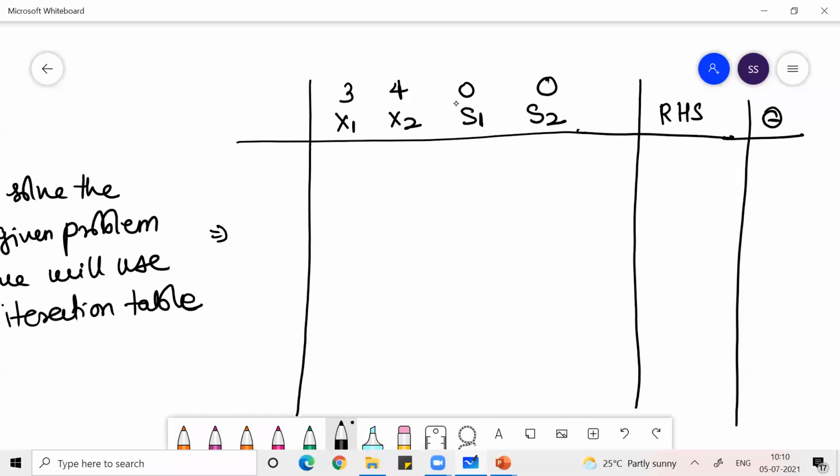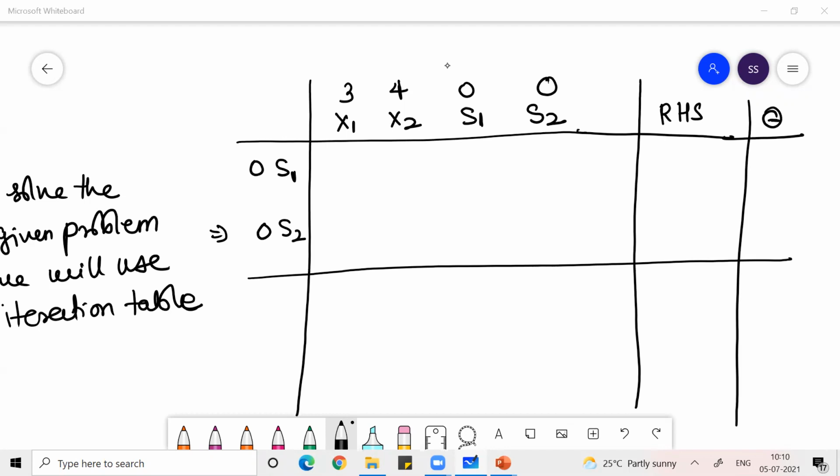Okay, and we'll start solving the iteration table. When we start solving the table, we start by introducing the dummy variables into the equation. So you have two dummy variables s1 and s2 having coefficient zeros. This is called theta. Different books place them differently.